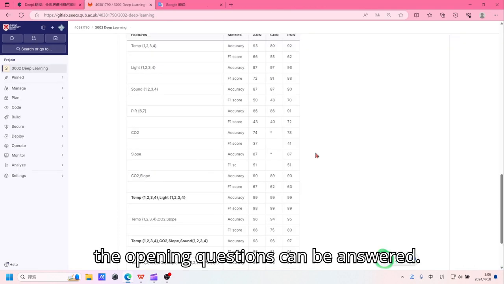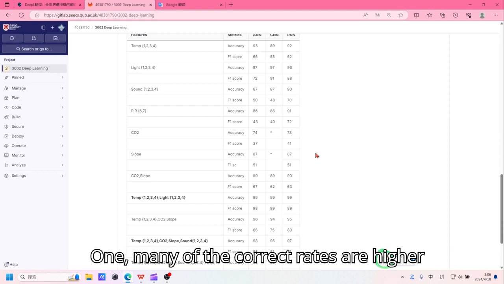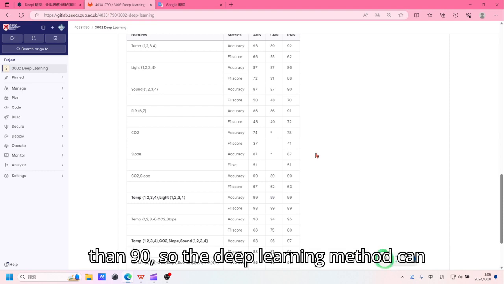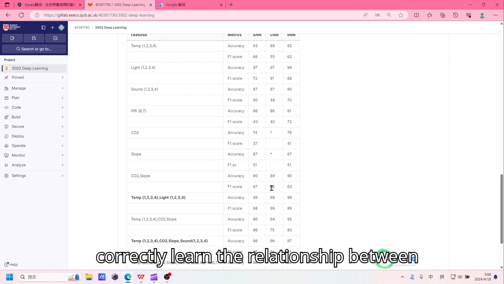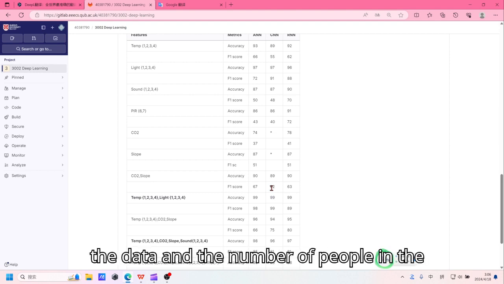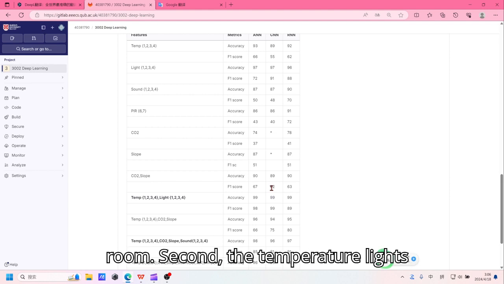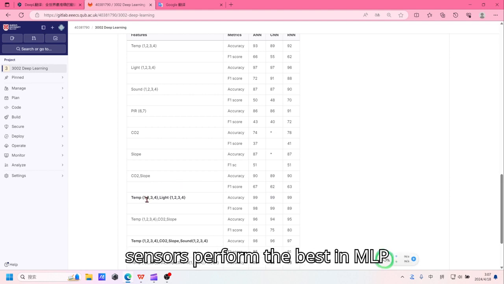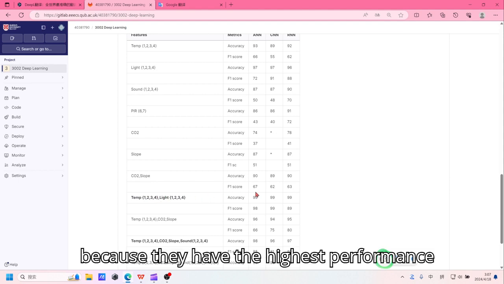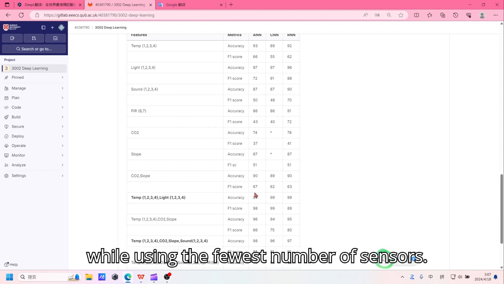Now, the opening questions can be answered. First, many of the correct rates are higher than 90, so the deep learning method can correctly learn the relationship between the data and the number of people in the room. Second, the temperature and light sensors perform the best in the MLP because they have the highest performance while using the fewest number of sensors.